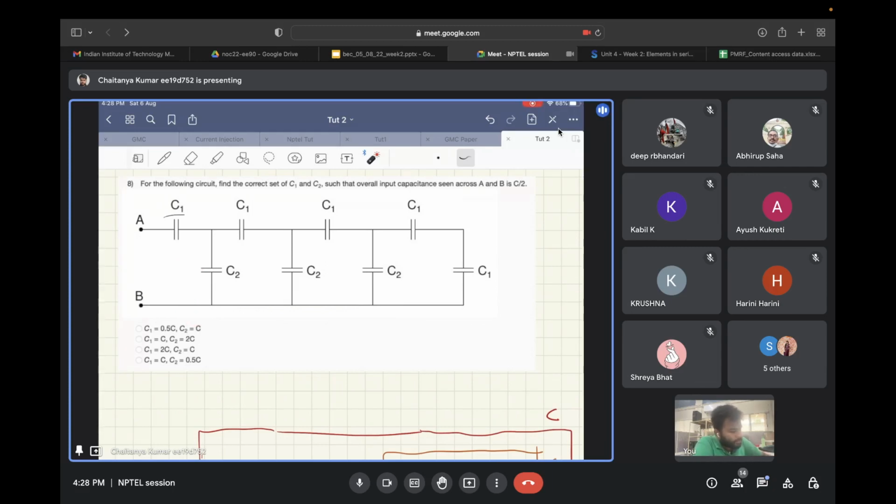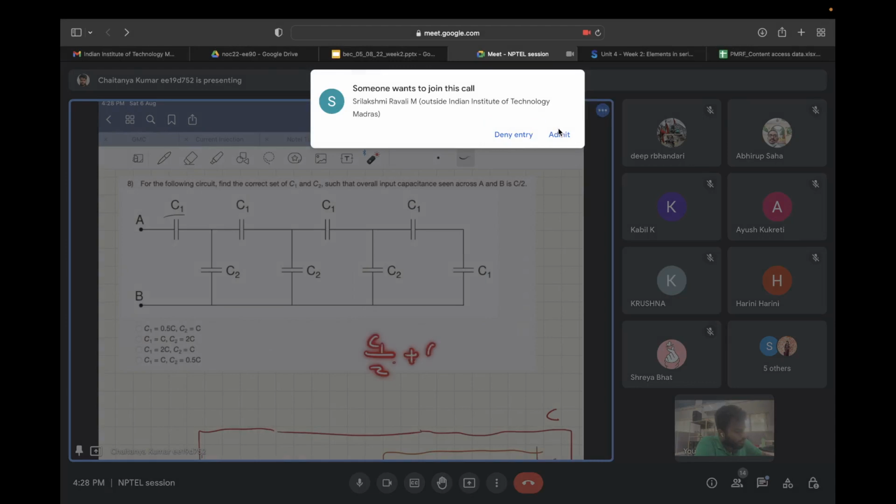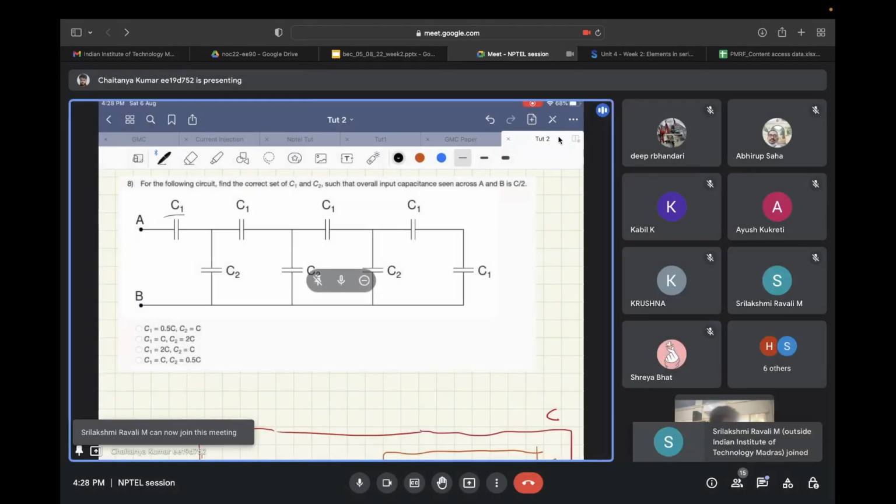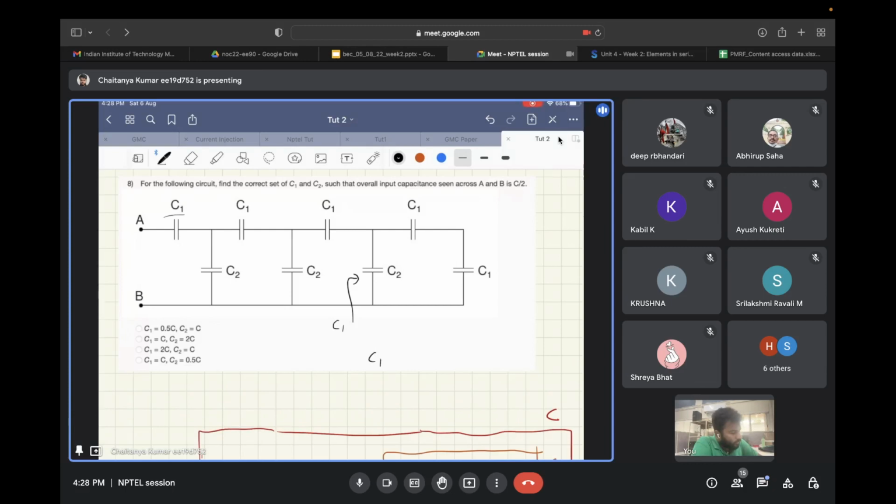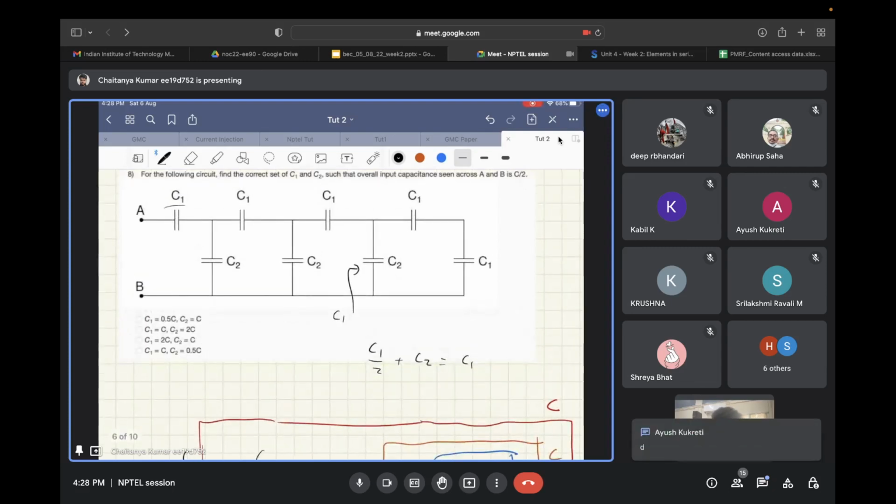So, what is the capacitance of one section? That is C1 by 2 plus C2. And this must be equal to again C1. So C1 by 2 plus C2 equals C1, and if you solve this, you get C2 equal to C1 by 2.